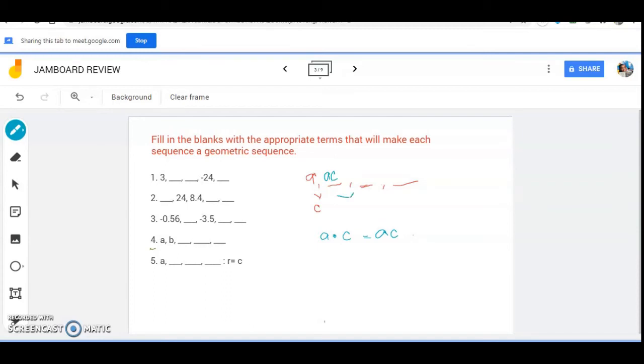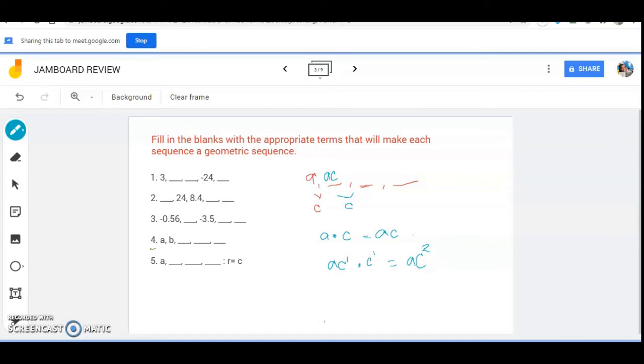Now, again, magmumultiply ulit tayo ng next pattern. So, meron tayong AC times C. Ilang C ang minultiply natin sa kanyang sarili? 2 beses. So, si C ngayon, meron siyang kasamang 2 or square, C square. 2 beses nating minultiply si C sa sarili niya.